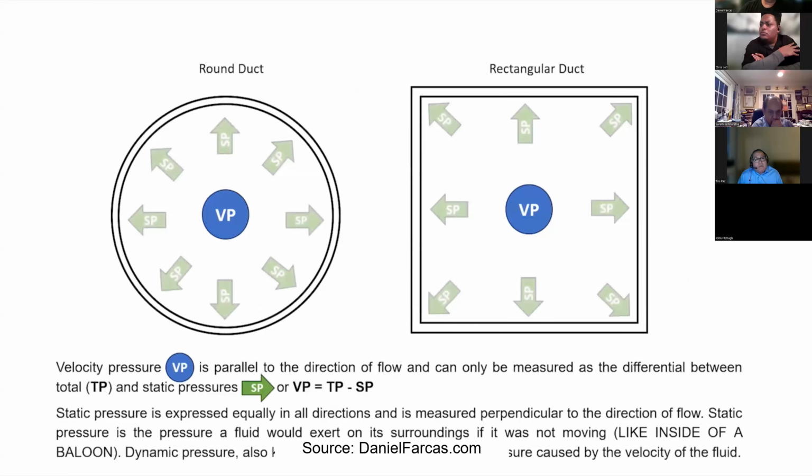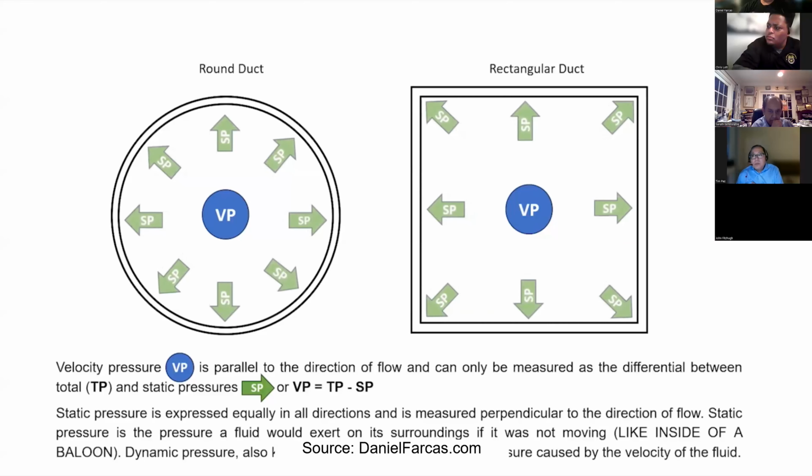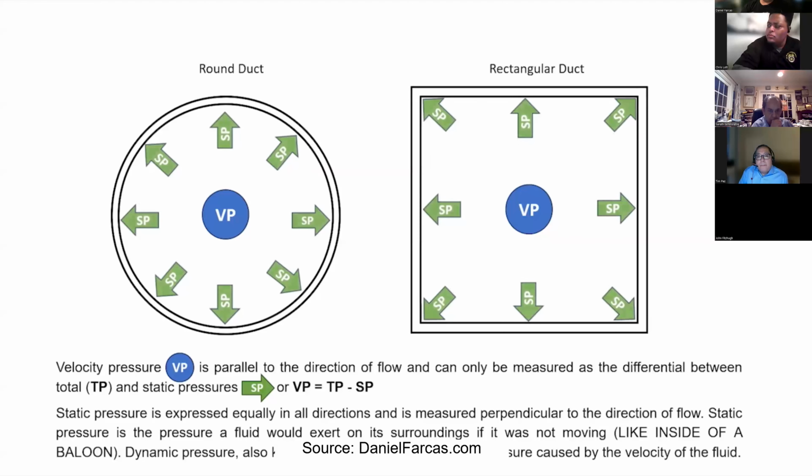Static pressure is the pressure a fluid would exert on its surroundings if it was not moving. Dynamic pressure, also known as velocity pressure, is the pressure caused by the velocity or movement of the fluid.